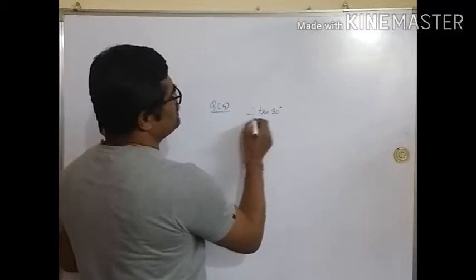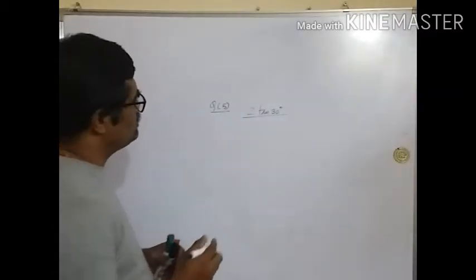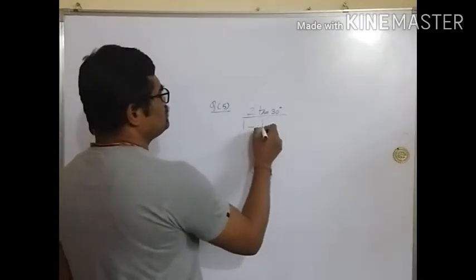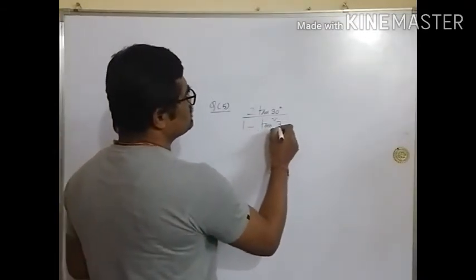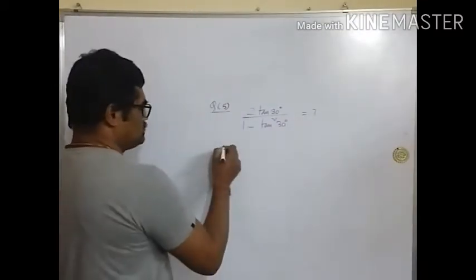2 tan 30, right, 2 tan 30 divided by 1 minus tan square 30 is equal to what?